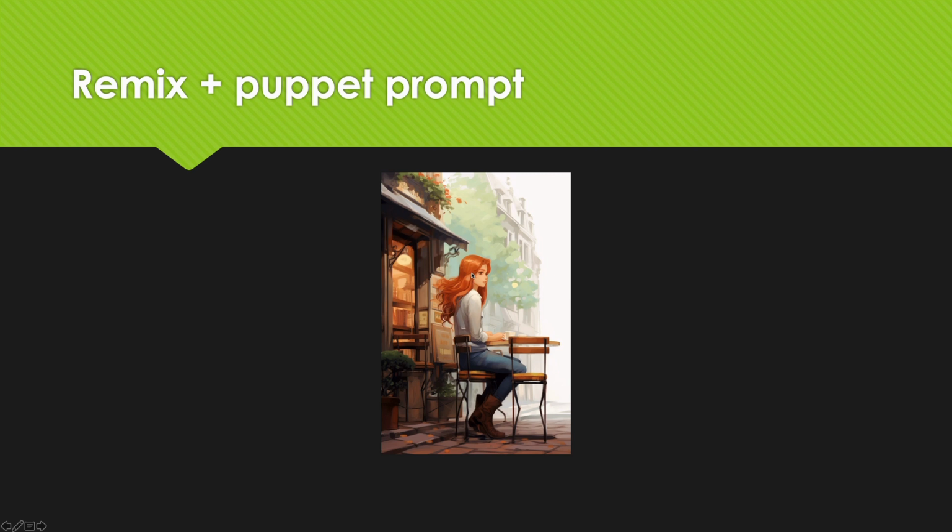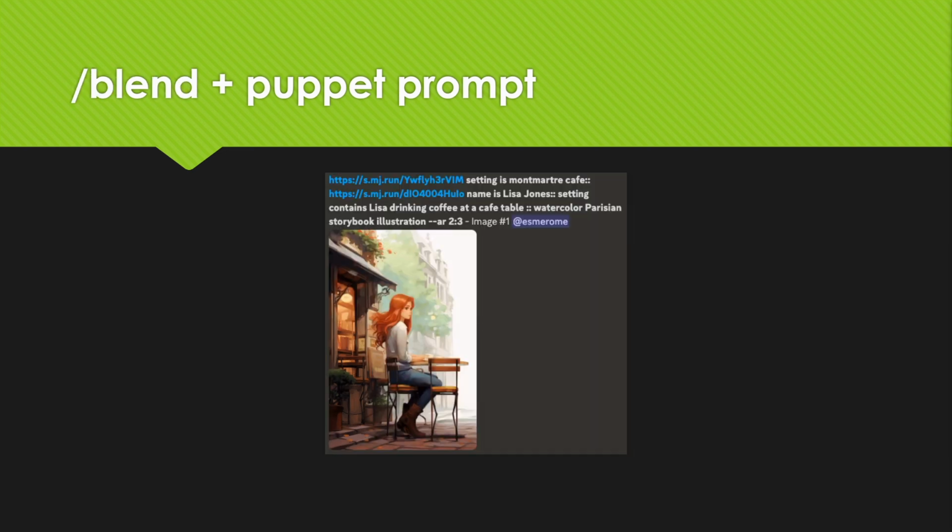Kids from age maybe 7 to 12 or 13, it really struggles because it can make images of babies and toddlers and little kids, and it can make plenty of images of adults. But this age is difficult for it. So you can use blending and puppet prompting to get this image. And then you can get this.